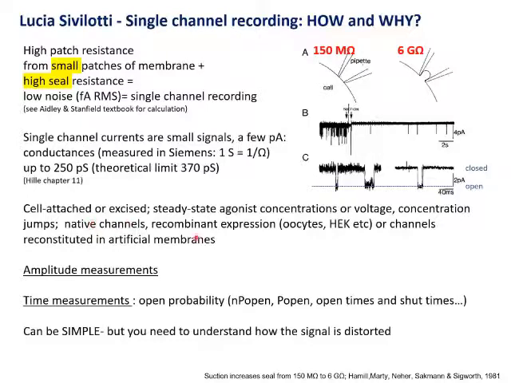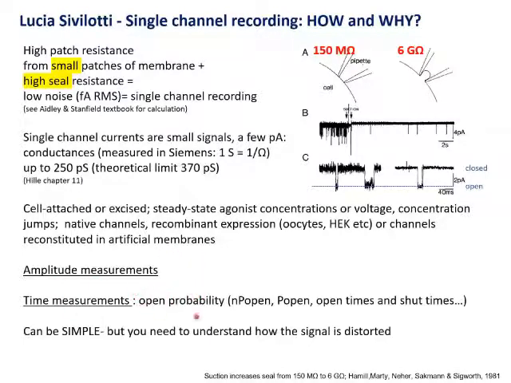You can use native channels. You can compare native channels to those that you obtain in recombinant expression, or you can reconstitute channel proteins into artificial membranes. There's a range of things that you can do, but those are all based on two general measurements. One is amplitude measurements, and the other one is time measurements.